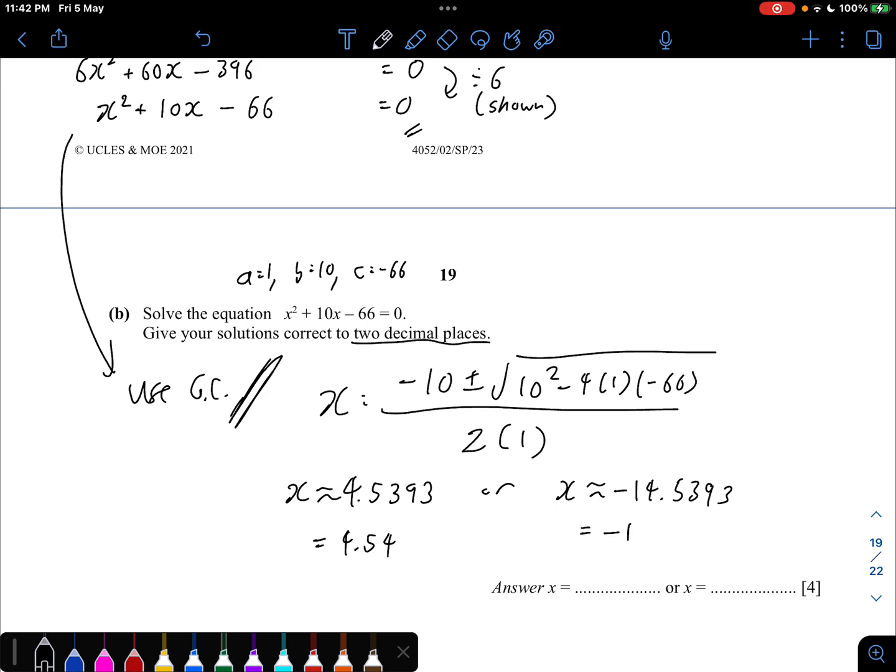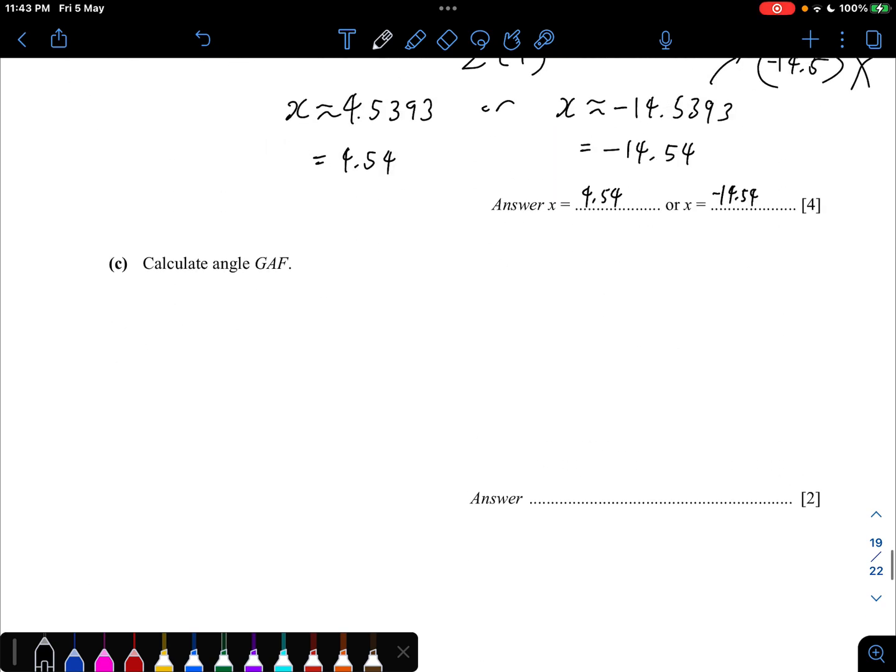This one will be, sorry, yes, correct. Negative 14.54, yes, as well. If you rounded off to 3SF, you would have ended up with negative 14.5, which is not correct. Not what they requested. They want 2 decimal places. So negative 14.54 and 4.54. We are done. Part C, calculate the angle GAF.